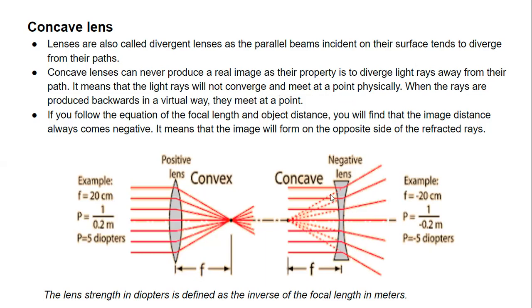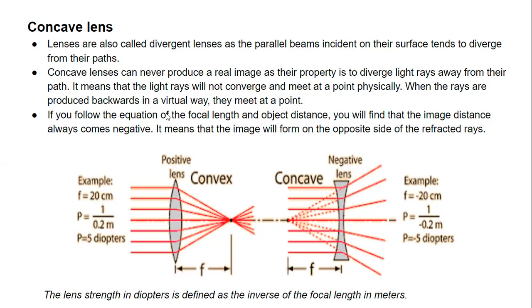So we have to draw virtual dotted lines on the same side of the lens where the object is present for image formation. That is why the image is not real. We are virtually forming the image. That is why it is known as a virtual image.